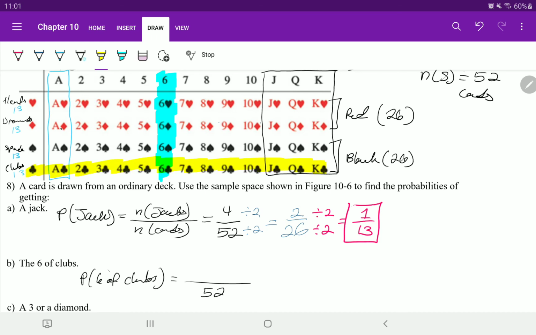It must be both, so let's see where they overlap. And if you notice, the 6 and the clubs overlap right here. And there's only 1 6 of clubs. So the probability of getting a 6 of clubs is 1 out of 52, which cannot be reduced any further, and that is the answer. Let's reset.